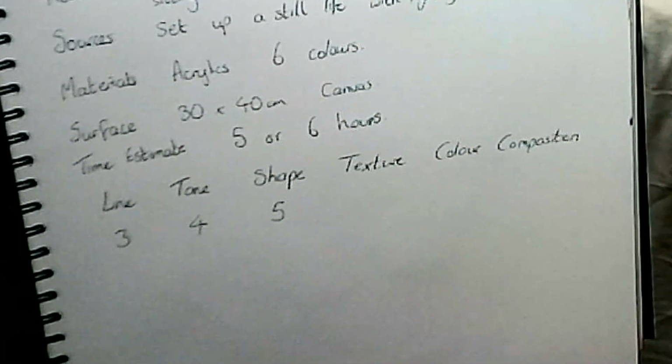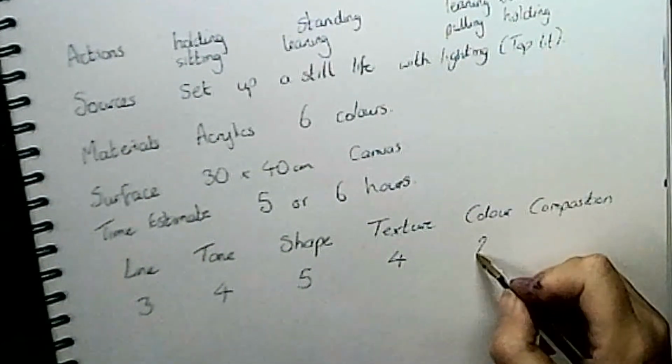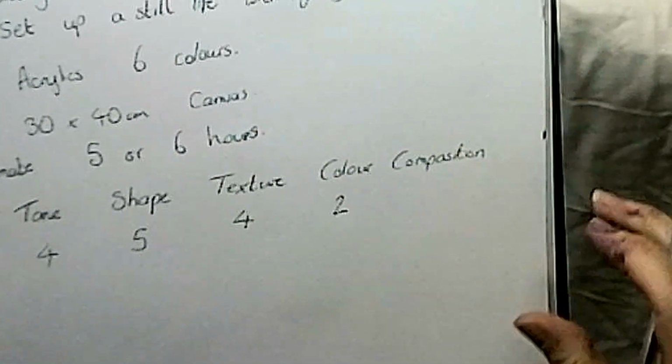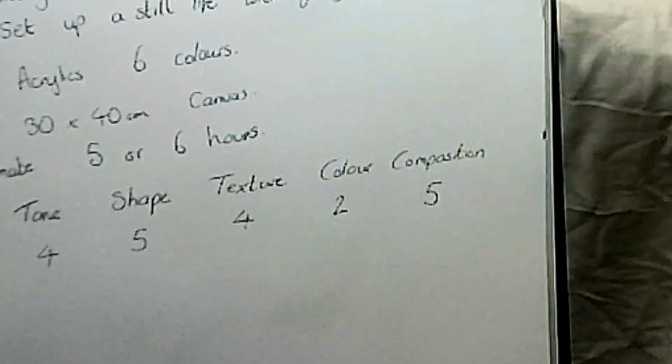Texture, I'm going to be going for the texture of the wood, but it's not what the painting is about. Colour, 2. That's not really an issue in this one. I could even do this in grayscale or sepia tones and it would still work as well. Composition, that is a really important one in this.